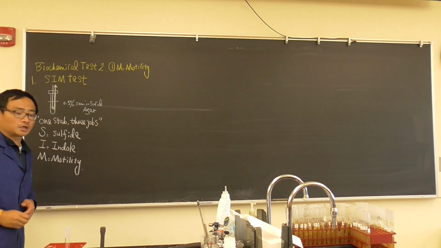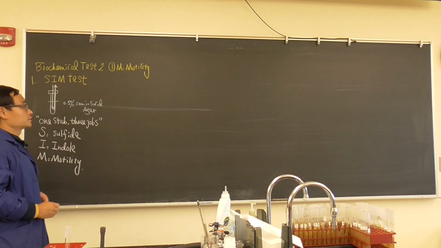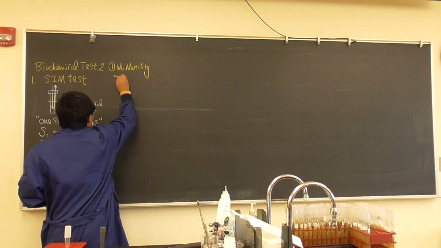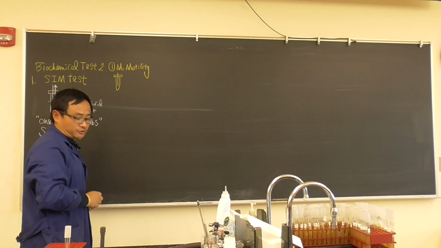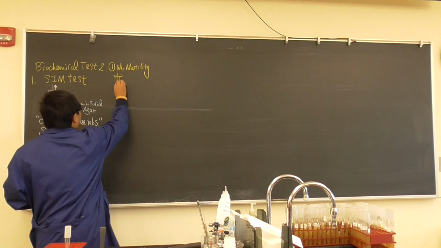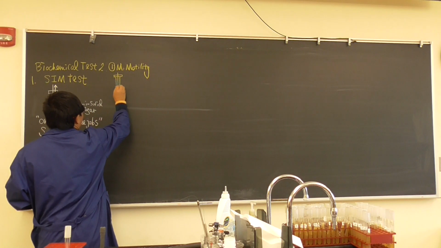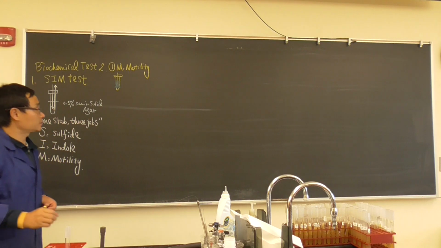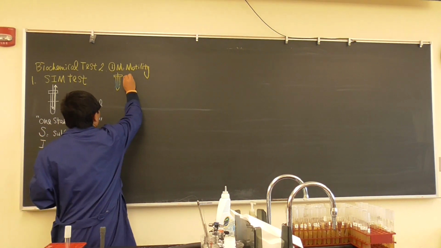Okay, how do we know bacteria is motility positive? After you do the stab inoculation, if you see the bacteria goes everywhere, which means the whole tube has bacteria growing, that is motility positive.